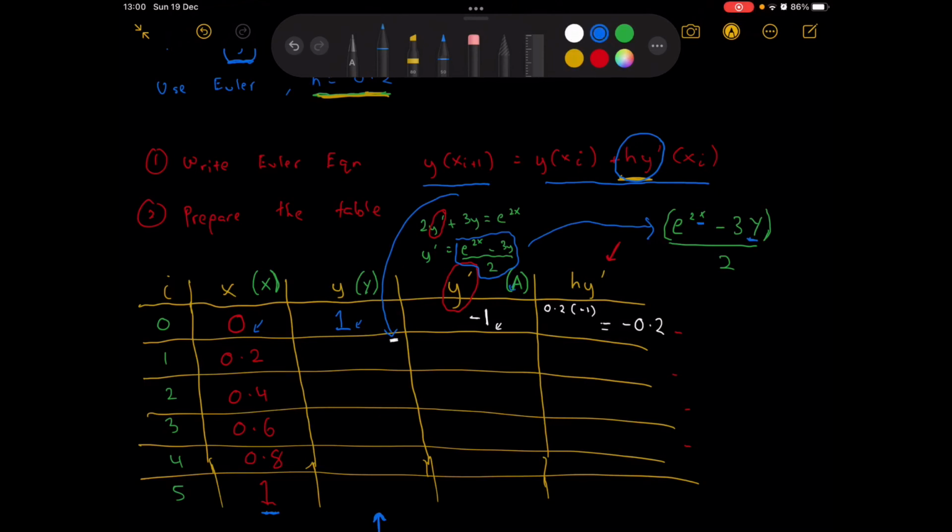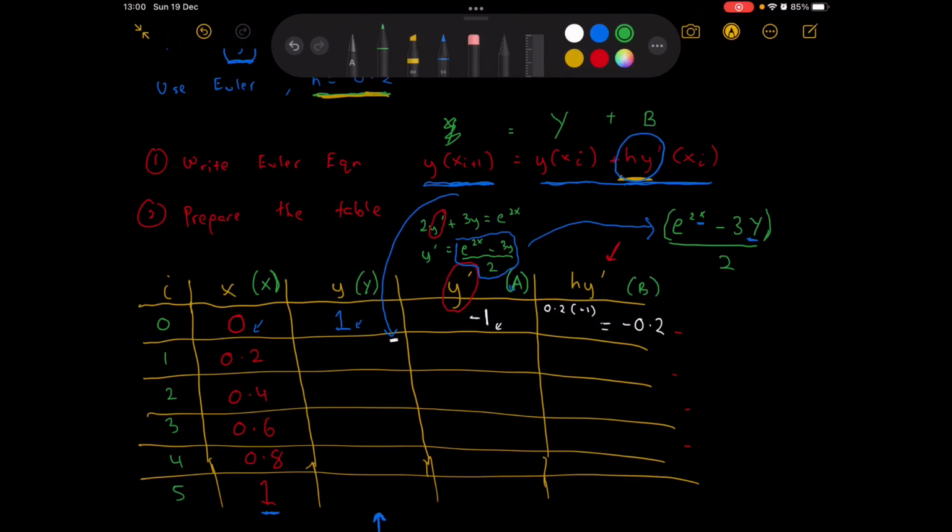As I mentioned, we can use Euler's method. So y at the next iteration is equal to y at xi plus hy prime. Maybe I can use the term b here to make it easier. So you can input in your calculator: in order to find y at the next iteration, it is y plus b.